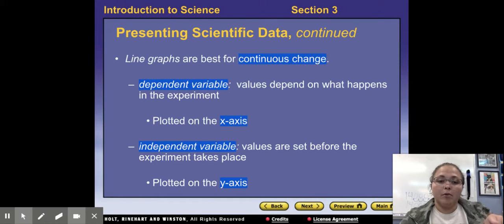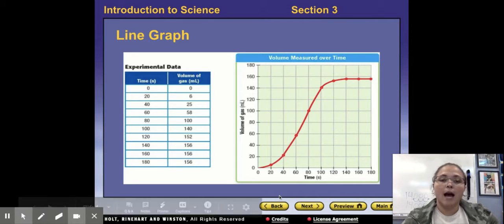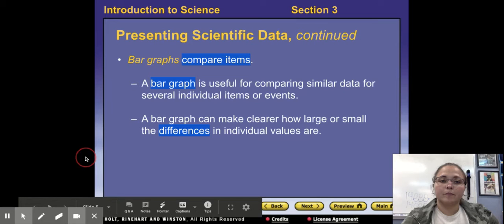And the independent variable is plotted on the y-axis, and so that is the vertical axis. Here's an example, the volume of a gas over time. And so the time would be your dependent variable because that's on the bottom, on the x-axis. Volume of the gas is the independent variable, and it's plotted on the y-axis.